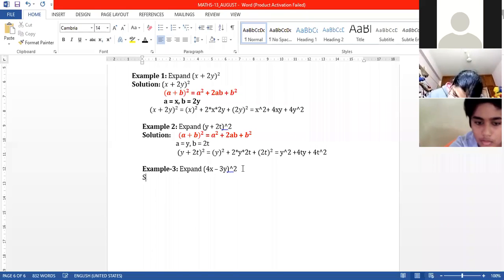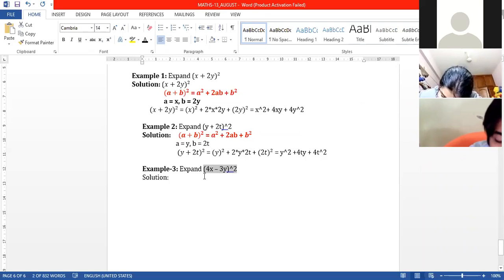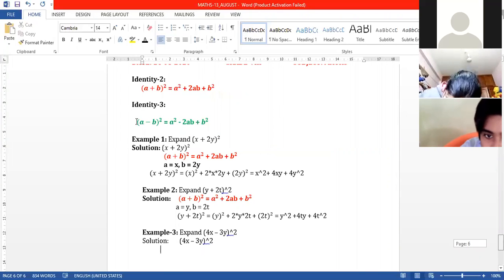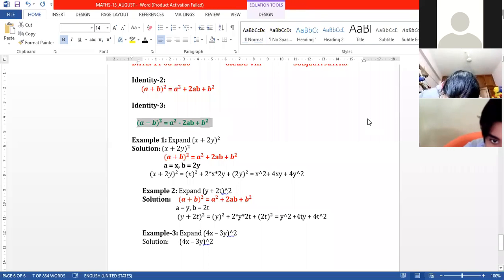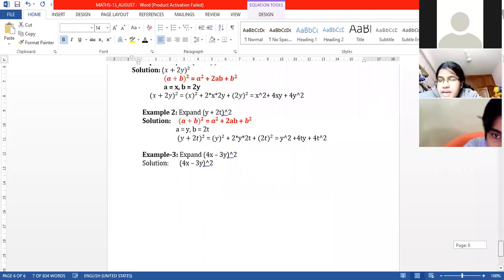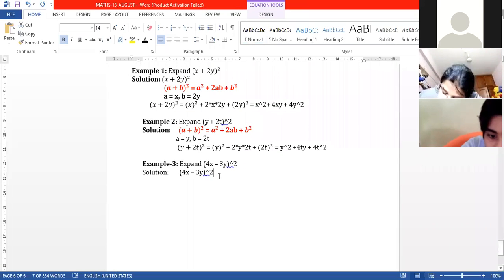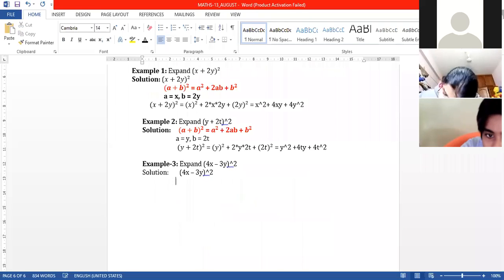Start solution everyone. Four x minus 3y whole square is equal to, in this question I want to apply identity third. A minus b whole square is equal to a square minus 2ab plus b square. This identity I want to apply.